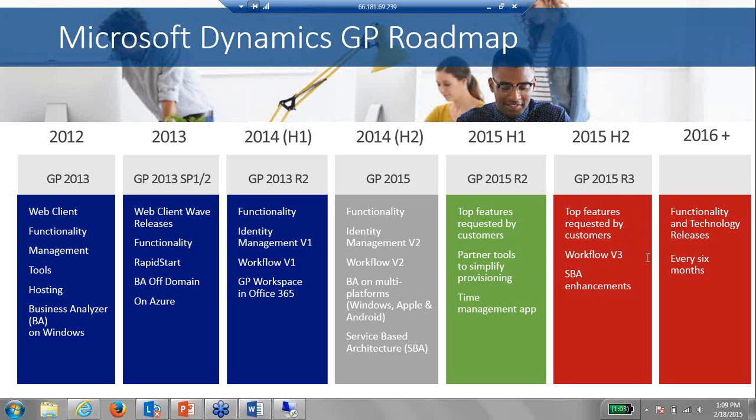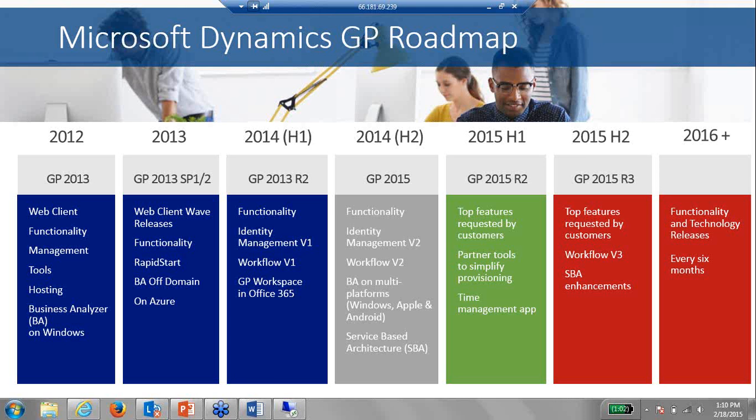All right, so enough of the roadmap for now, but just keep in mind that some of the new functionality around being able to access your data and provide it in meaningful ways to your employees, the advent of workflow starting in GP 2013 R2, and interaction with Office 365 and with applications that you may find on your tablet or your phone are going to continue to evolve and really be a bigger and bigger part of how you operate and use GP.